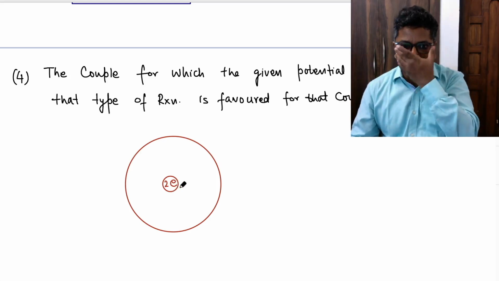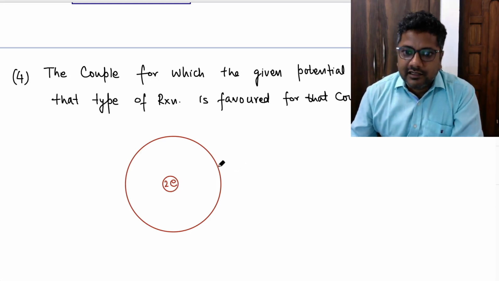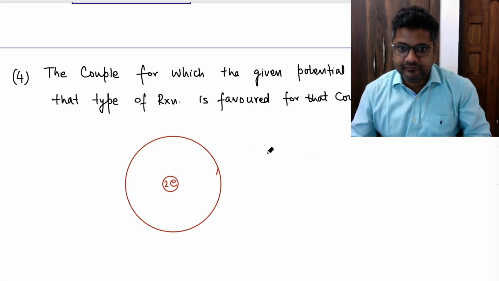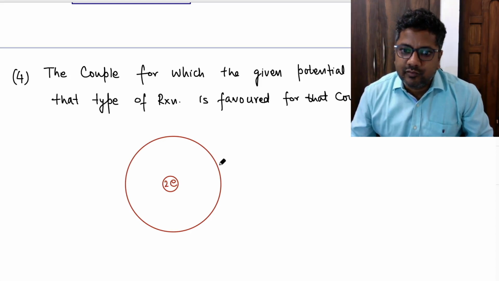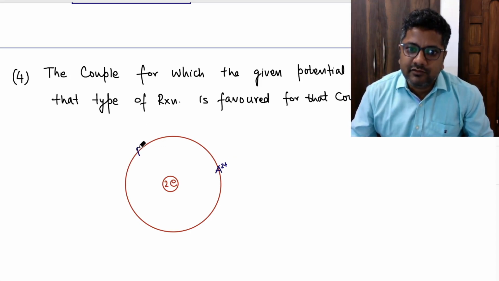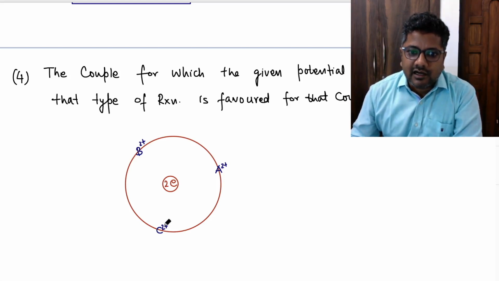I am assuming that it is present at this center, and A2 plus is here somehow, B2 plus is somehow here, and C2 plus is here. Now all these ions are approaching this electron.